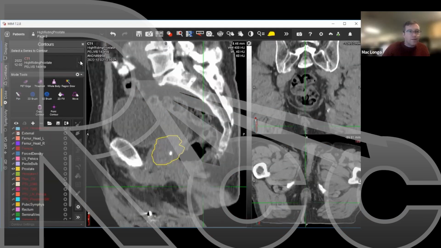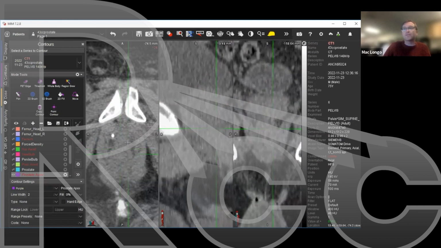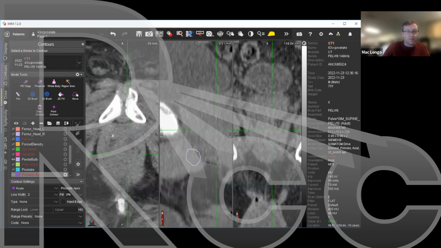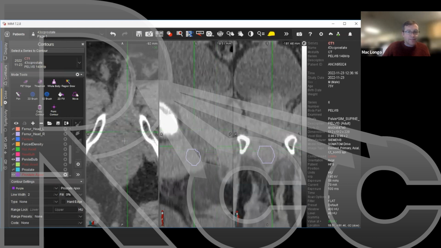So we're going to go to this contour, and we're going to call this prostate apex. And this McLaughlin method offers, I think, a really good stepwise way to help us identify the apex of the prostate. So we're going to use our penile bulb, and its most superior aspect is our starting point. So we have our superior aspect of the penile bulb there.